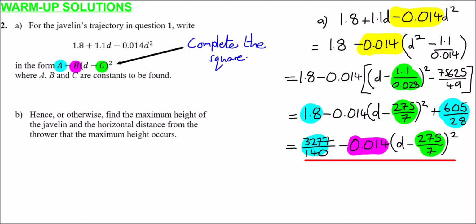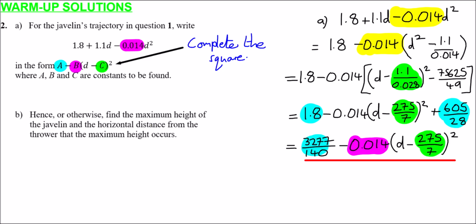Now I did say I'd show you how to do this on ClassWiz. So on the ClassWiz, what you do to complete the square is you'd realise that this leading coefficient of the quadratic will always be appearing here in front of the bracket. And so B, you just need to remember, B will always be this number here with the correct sign placed in front of it.